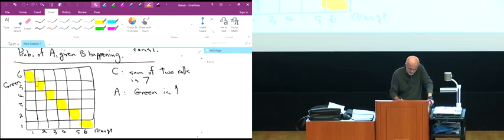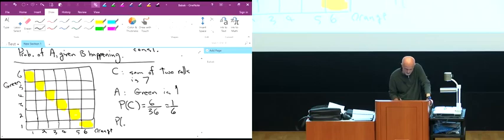What's the probability of C? Huh? No. You're on the hook. 1/6. How'd you get that? 6 over 36. That's 1/6. Okay. Now the probability that the green roll is a 1, given that the sum was 7. Which box should I shade? Bottommost right one.